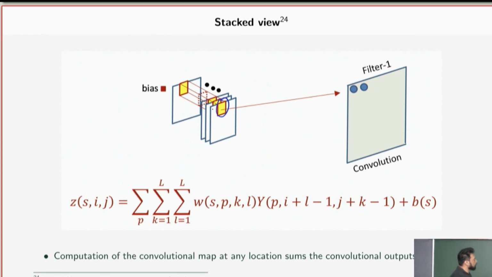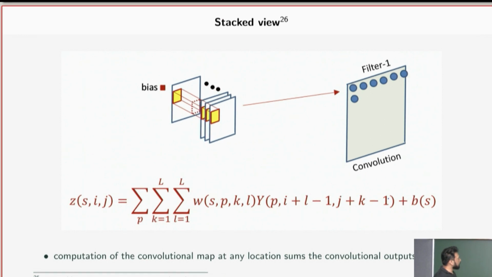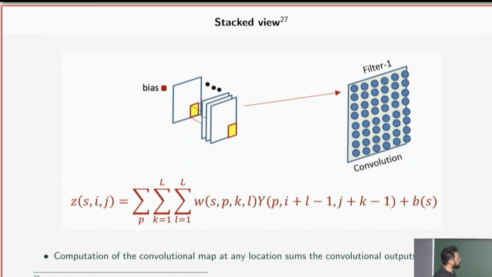So the weights remain the same, because if you see here, S is the same. It's just that now it is acting on a new region. Okay, so that's more or less what is happening. It keeps scanning like this. Okay, and finally it produces all the output.